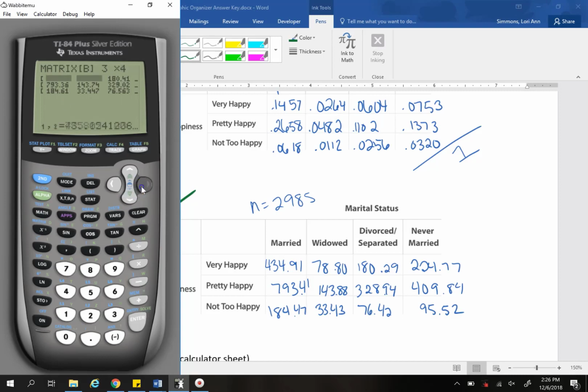So if you want to go to the right, you can just go down into the matrix and then click to the right. And you can verify that these are all pretty close.